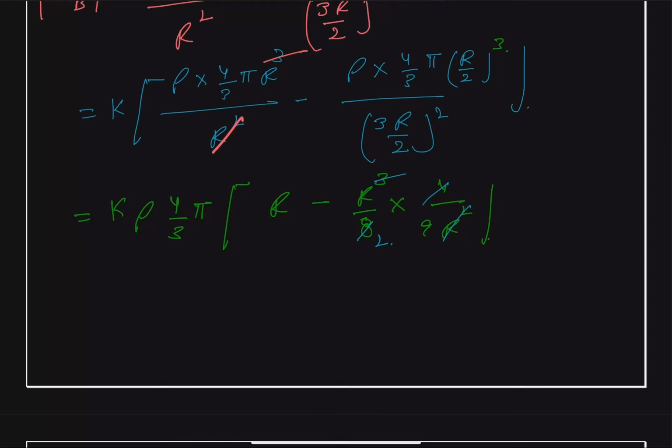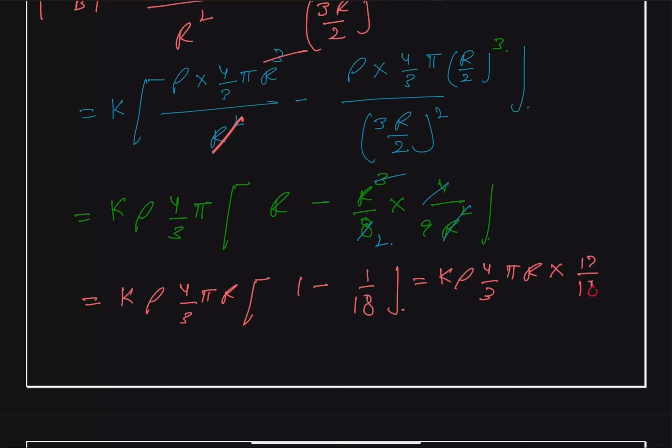This will be K rho 4 by 3 pi r times (1 minus 1 upon 18), which comes as 17 upon 18. So the electric field at B is K rho 4 by 3 pi r multiplied by 17 by 18.